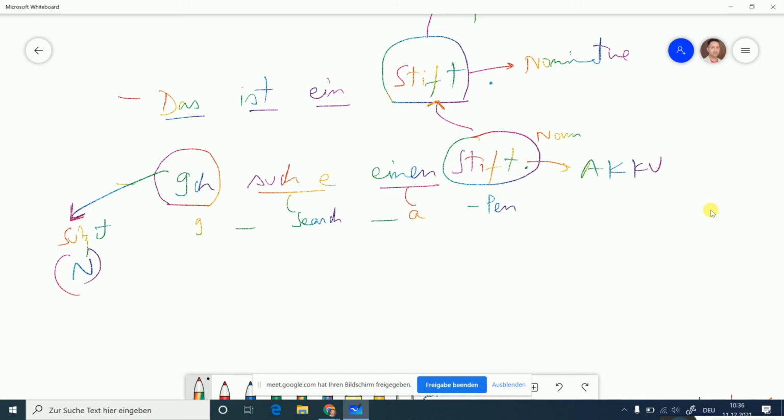And suppose I take the third example. The same. Ich schreibe einen Brief. Or maybe I'm searching a pen in a room, for my mother.